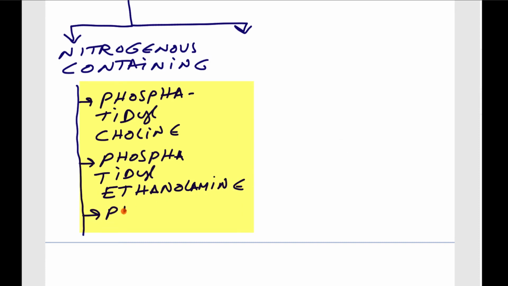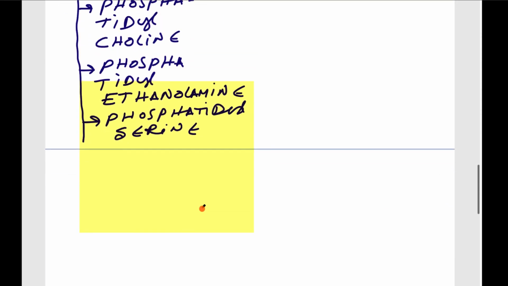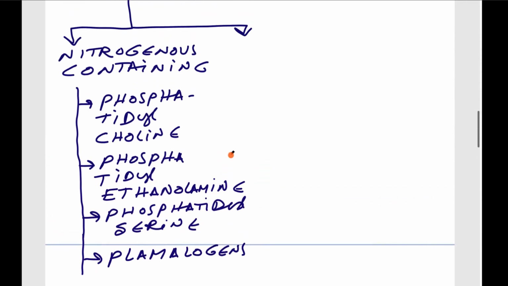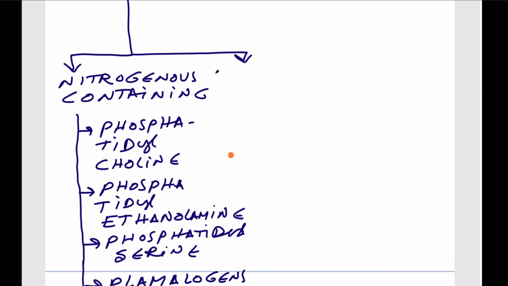Then phosphatidyl serine. Then there is also another group present that we call plasmalogens, the ether containing lipids.